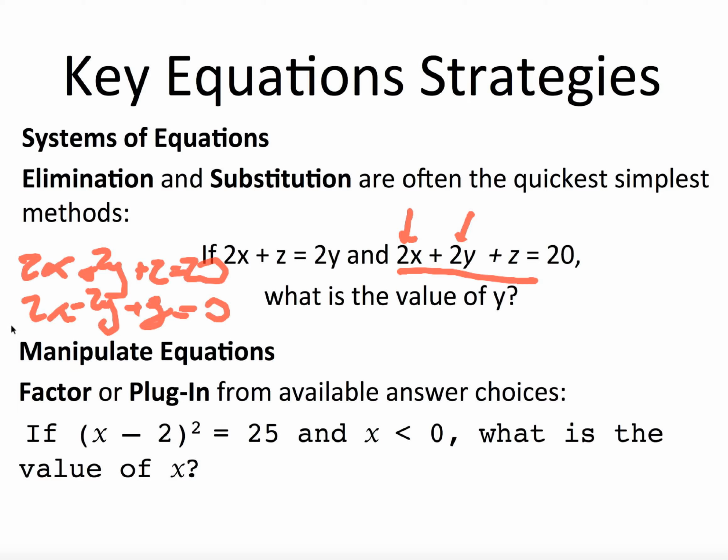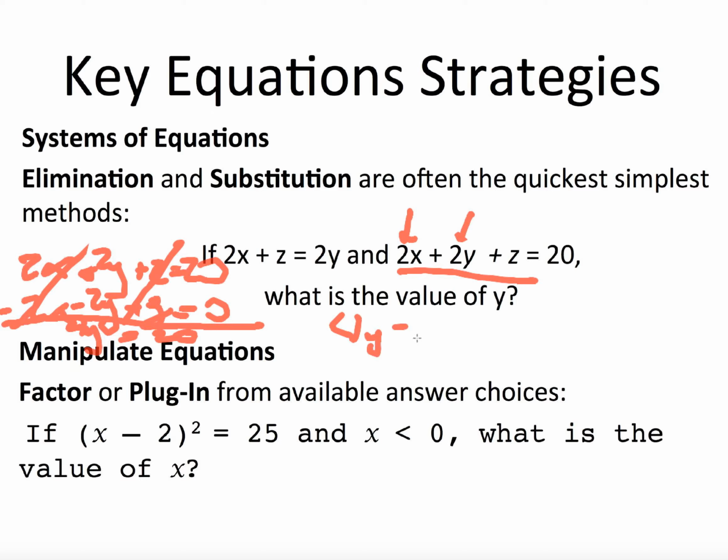And now that it looks like this, we can subtract the bottom equation from the top equation, cross out the x's, cross out the z's, and we're left with 2y minus a negative 2y, or a positive 4y, equals 20 minus 0, or 20.